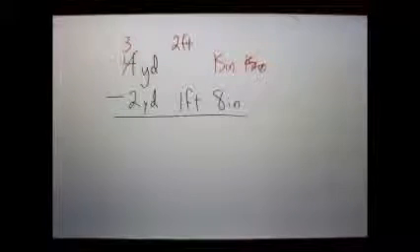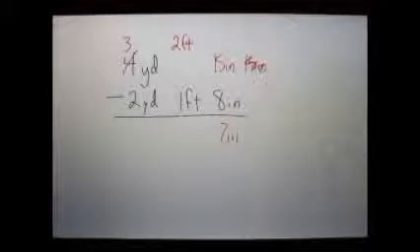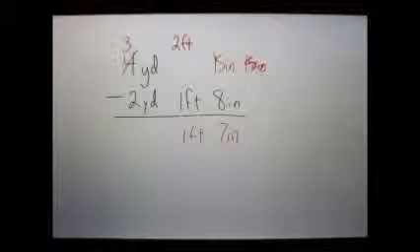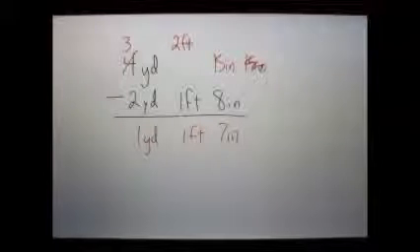So we'll take 8 from the 15 inches, which will leave us with 7 inches. We'll take 1 foot from 2 feet, which leaves us with 1 foot. And then 2 yards from 3 yards, leaving us with 1 yard. So altogether we have 1 yard, 1 foot, 7 inches. The process is simple. Just remember to continue to regroup.